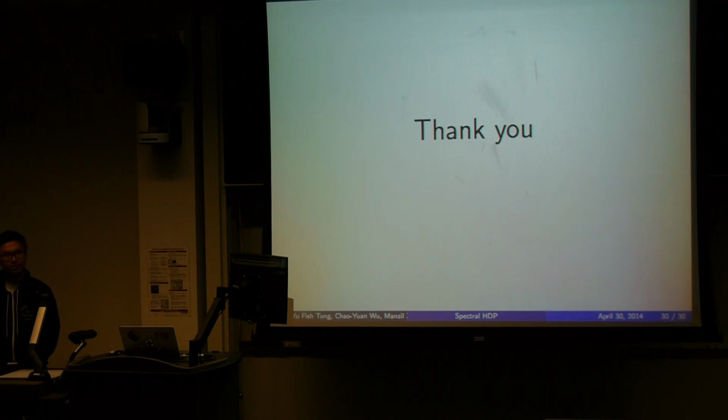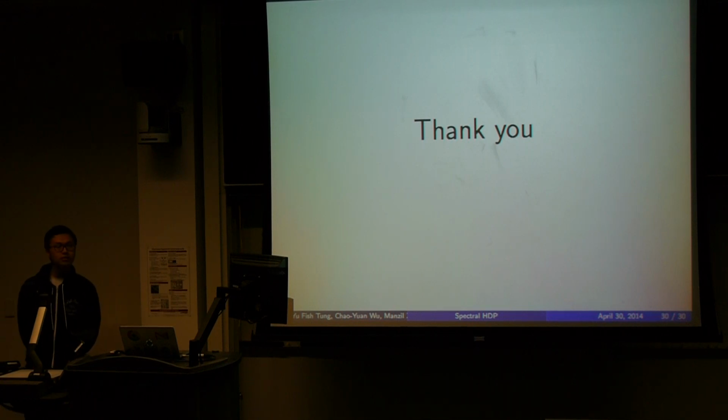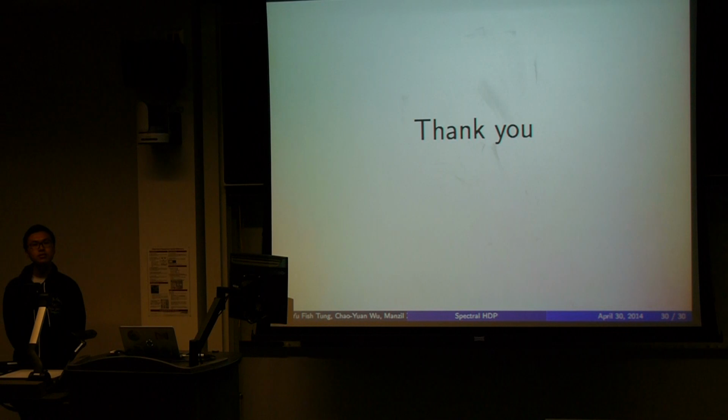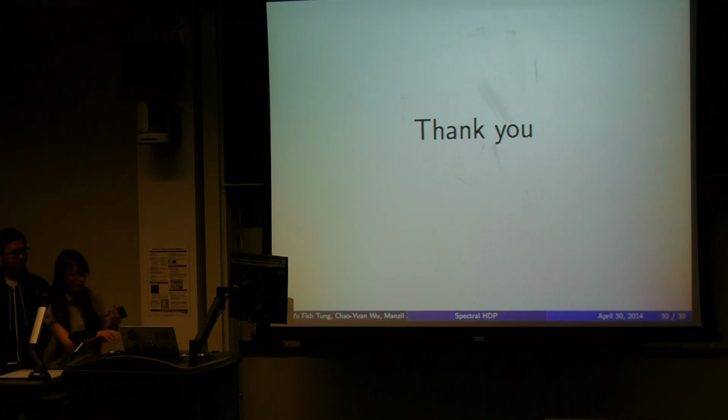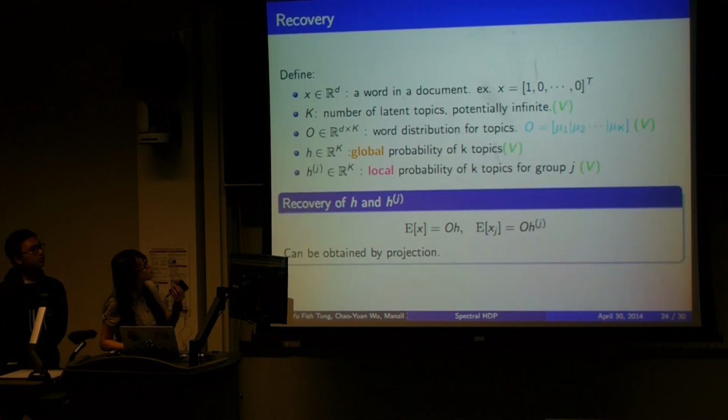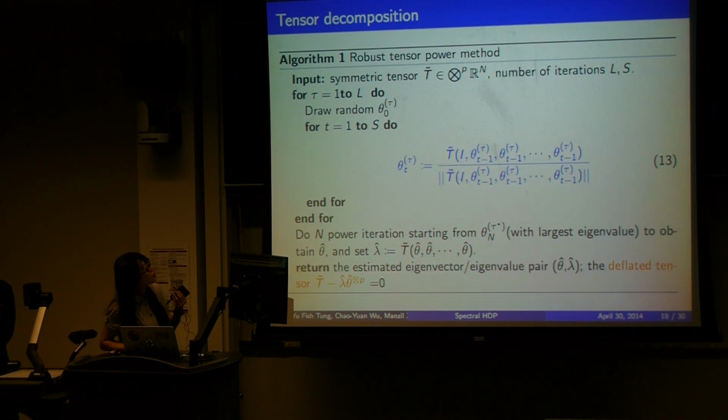Okay. So you mentioned that you could do a tensor decomposition in linear time using the kernel trick. Is there a reference for that? Can you go back in the slide? I think it's linear. You can see this tensor decomposition.